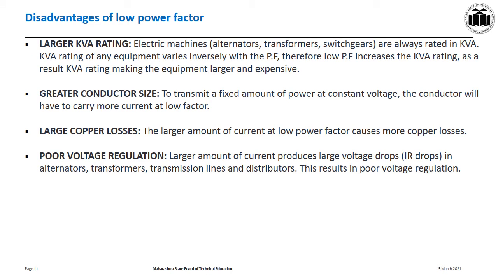If the current is more, larger kVA rating of the equipment is needed, alternator, transformer, switchgear, etc. So it is going to really affect the whole system. Now if the current is more, it needs the conductor of the higher size. Also, larger copper losses are there, and if the current is more, voltage drop is more, and it will result in the poor voltage.